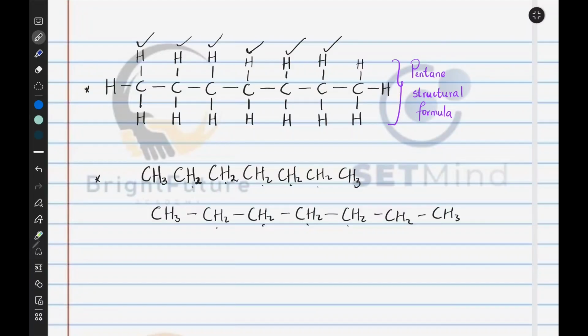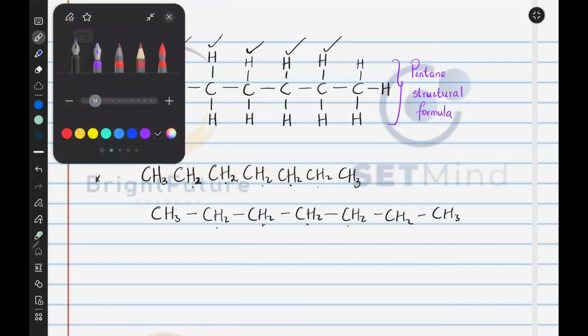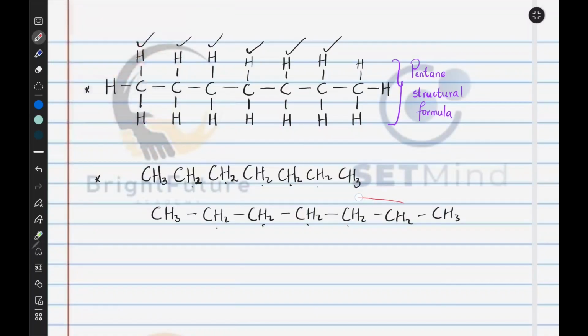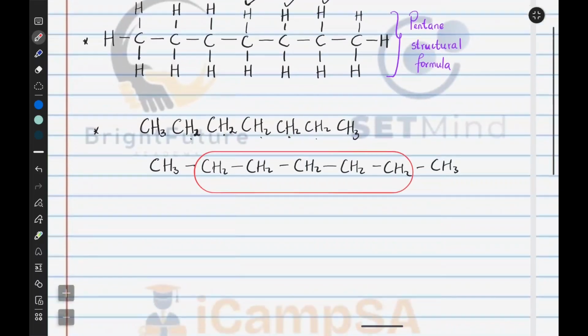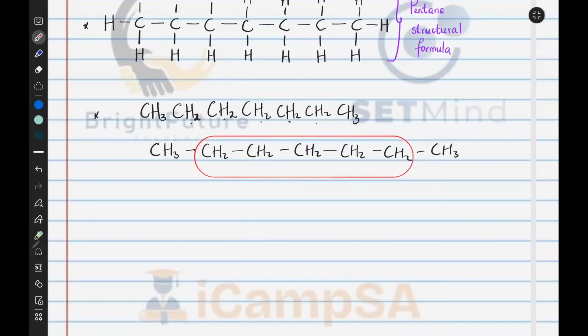If you notice, this keeps repeating, even on the structural formula. So for organic compounds, or alkanes in this context, that have more than 10 carbon atoms in their chain, they write the condensed structural formula in this manner.